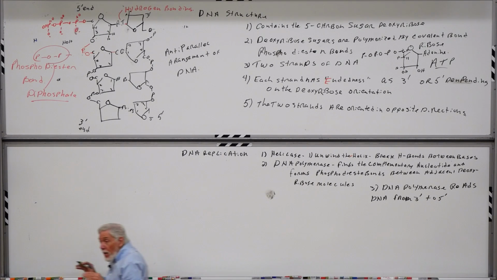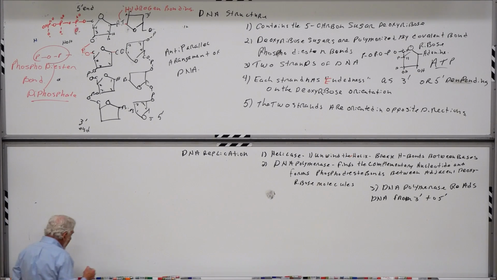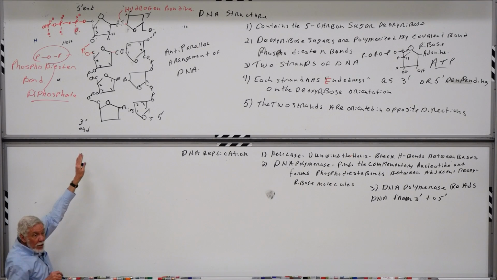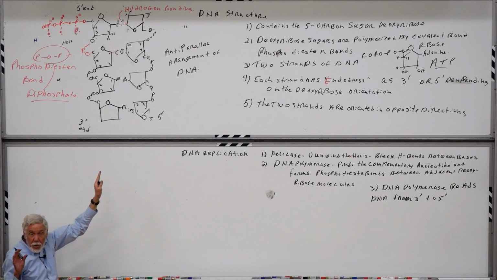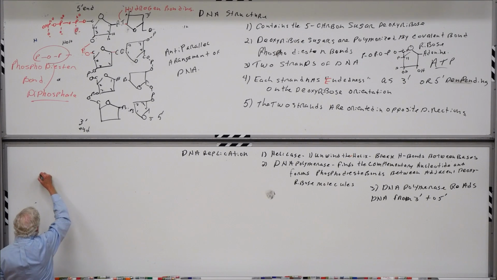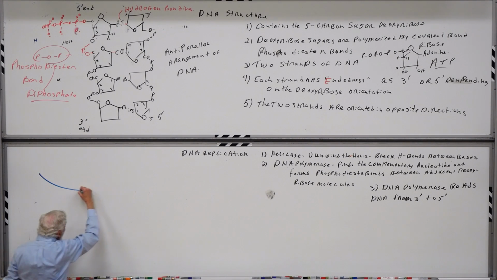So those are the fundamental ideas that we're going to now incorporate into this next step. And I'm going to simplify this a whole lot. I'm going to take the complicated structure I have above with all of those deoxyriboses linked by phosphodiester bonds, and I'm going to replace that by this blue line.